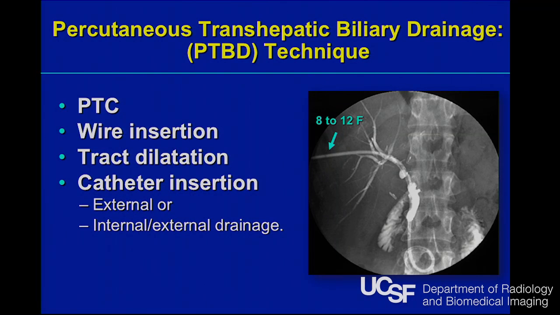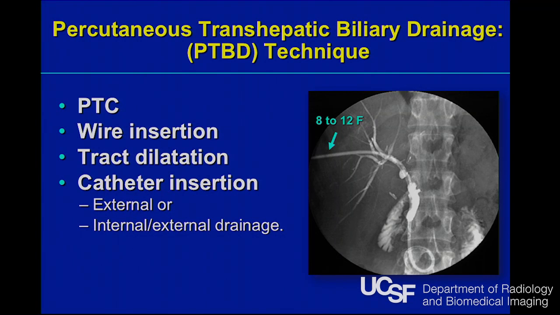As far as the tube sizes, I pretty much have a very simple rule of thumb that you can follow. If the ducts are non-dilated or minimally dilated, I place an 8 French tube. If the ducts are dilated, a priori, I'd place a 10 French tube. I don't usually use tubes larger than 10 French, even for massively dilated ducts in the de novo setting. But if your patient is having issues down the line with appropriate drainage and drain clogging, then you can consider upsizing the drain, 12, 14, 16 French.